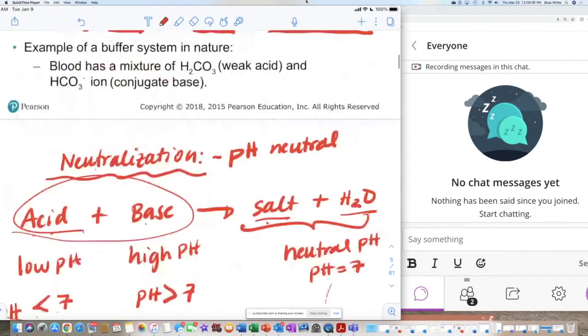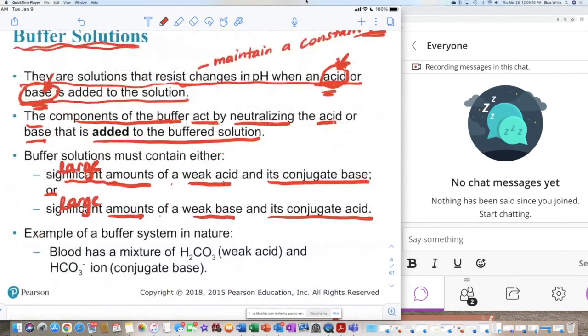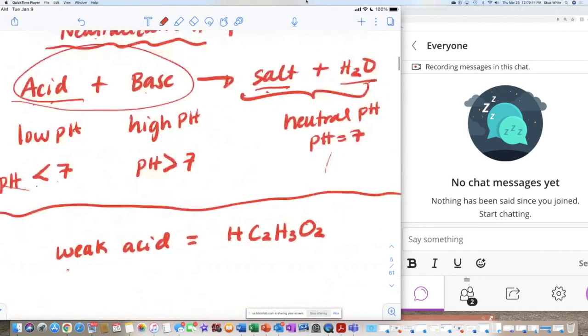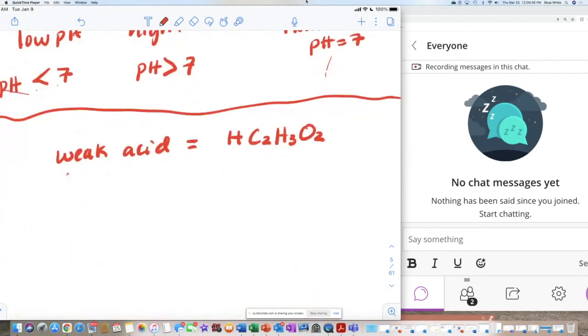I already defined the list. Weak acid is that. And I need its conjugate base. So remember we talked about acid, conjugate base. So if this is my weak acid, my conjugate base that is going to match that weak acid will just be the ion minus the hydrogen ion. So the anion. This will be the ion of a conjugate base.